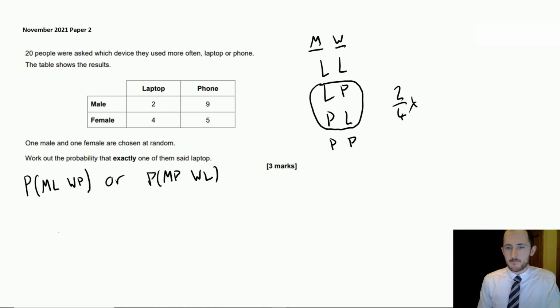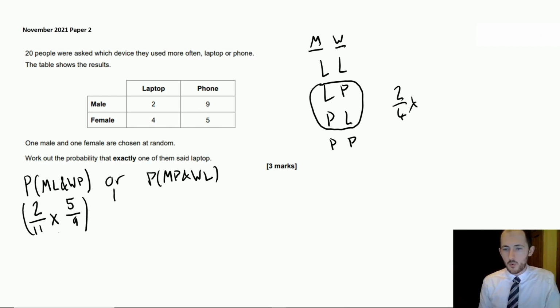The probability that a male says laptop is going to be 2 out of 2 plus 9, 11, because there are 11 males. Okay? And, right, because we also need the woman to say phone, we're going to multiply by the woman saying phone, so that's 5, because we're looking at the people that said 5, over 4 plus 5, which is 9.